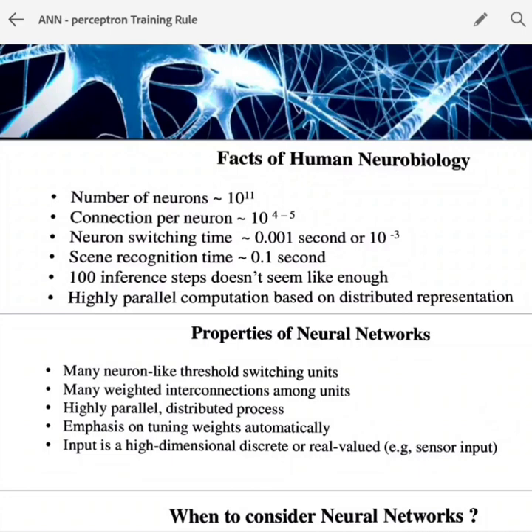Neuron switching time is 0.001 second. And the scene recognition time, when our brain sees a particular scene and recognizes it, is basically 0.1 second. That's just for your knowledge sake.